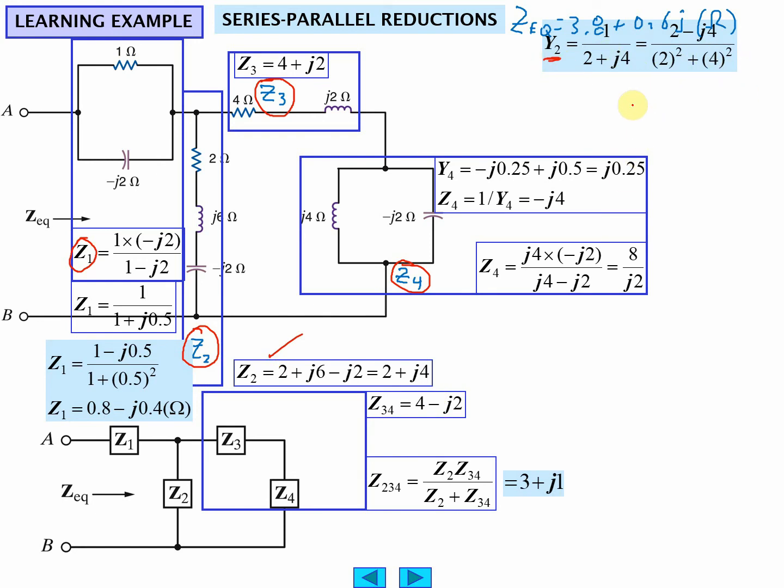So Y2, so we've got a parallel combination between, so we get this and, gee, it looks like they stepped backwards a bit.